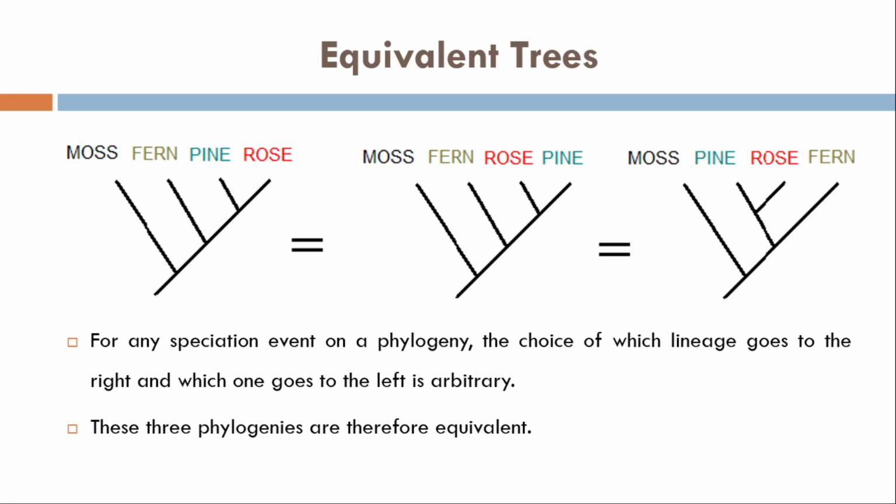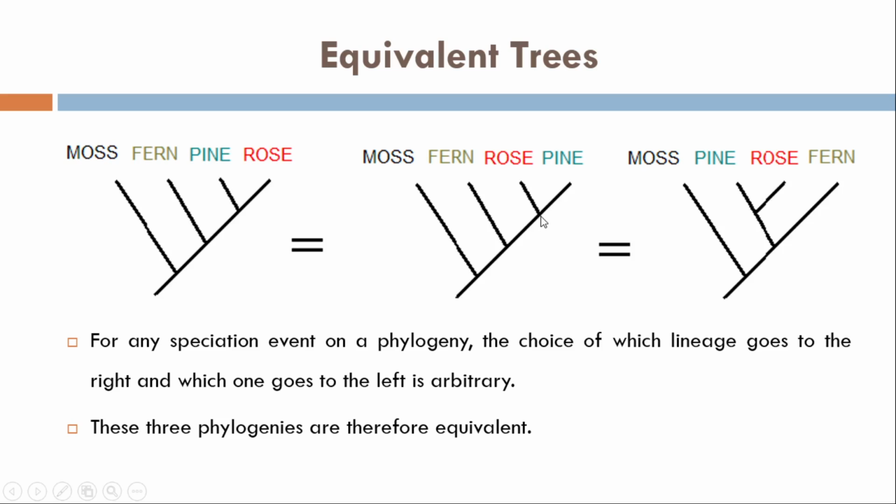Equivalent trees. What are equivalent trees? Here you can see moss, fern, pine, and rose. Just focus on the rose. Here you see pine and rose. So what is the difference between this particular tree and this tree? Here the ancestor of pine and rose was the common one, and here the ancestor of rose and pine was the common one.